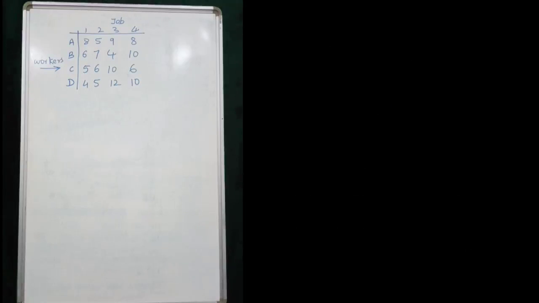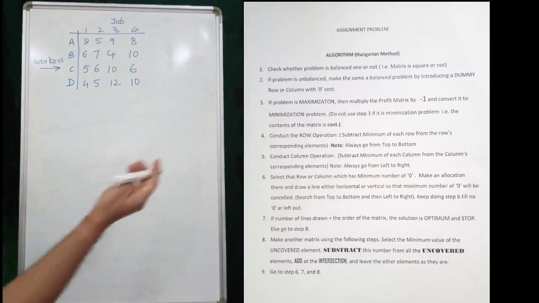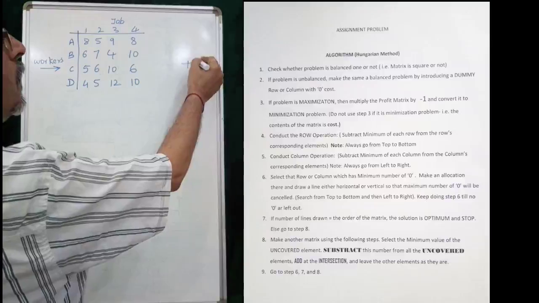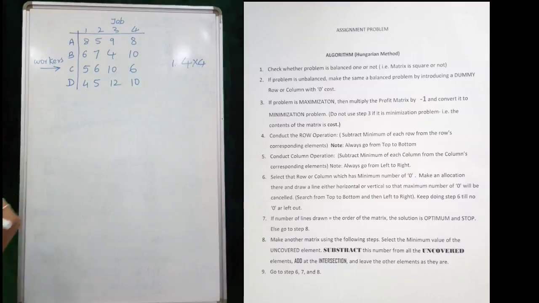What does the first step in the algorithm say? It says check whether the problem is balanced or not. The problem is balanced because it is a 4 by 4 matrix, so step number 1 is done. Step number 2 says if the problem is unbalanced, make it balanced.